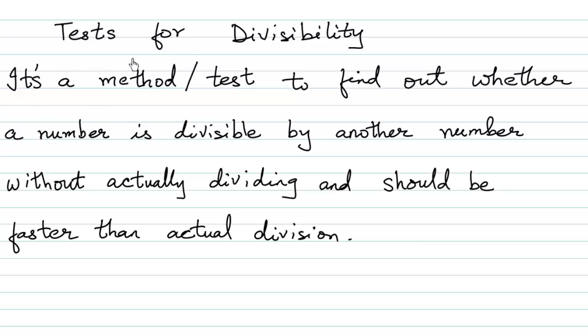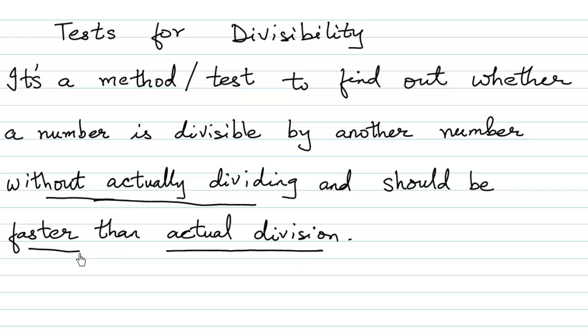In tests for divisibility, we're going to study a particular method or test to find out whether a number is divisible by another number without actually dividing, and it should be faster than the actual division. So it's very important that we are not going to actually divide the entire number by a particular number, and this test should be faster than the actual division.